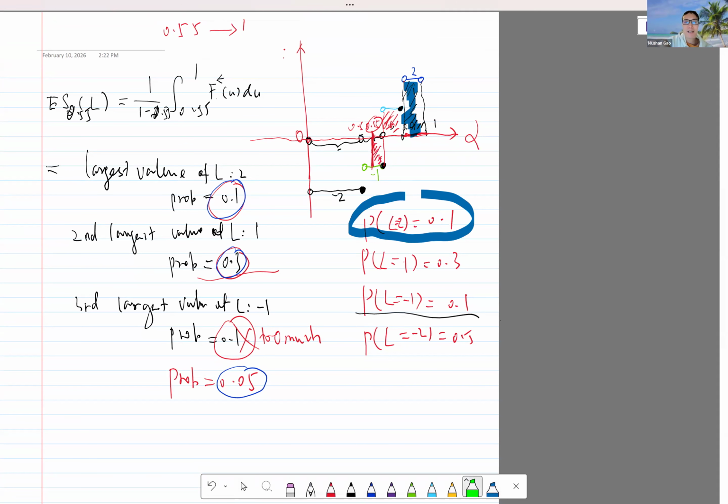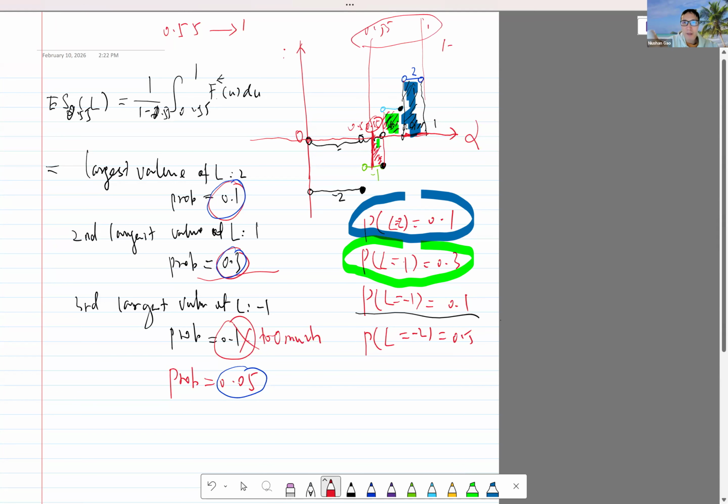Then we look at the second largest piece. This corresponds to the second largest value of L, 1. The probability is 0.3. Then we look at the third largest value. Because now the total probability is 0.1 plus 0.3, right? It's not enough. What is the interval we'll look at? 0.55 to 1, right? So the total length we're looking at is 1 minus 0.55, 0.45.